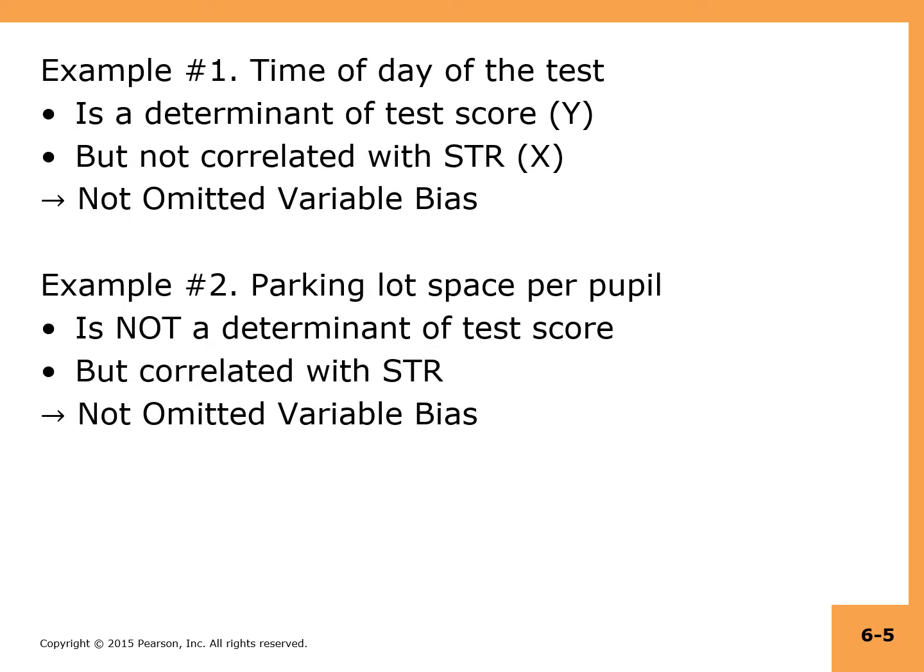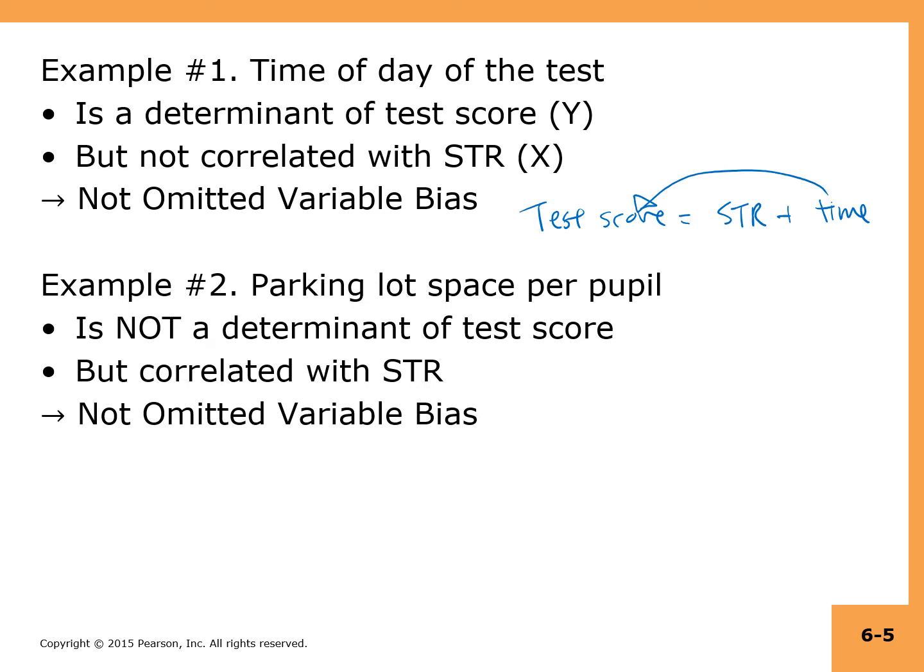Let's talk about two other examples. The first example is the time of the day when students take tests. In this case, where we have test score as a dependent variable and student-to-teacher ratio as an independent variable, when students actually take the test, whether it's morning or afternoon or evening, could potentially impact the test score.